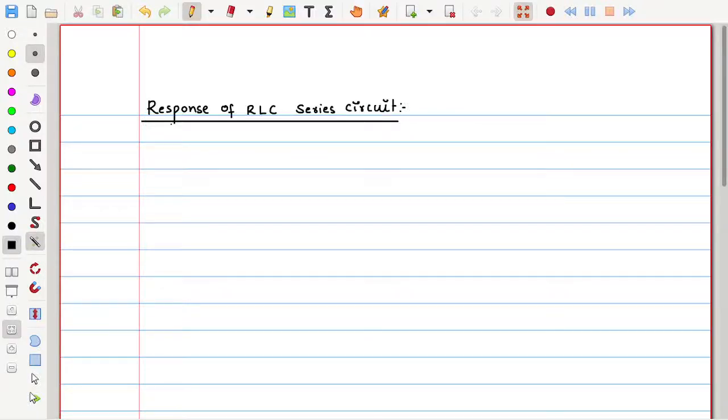Right. So let us see the response of a series RLC circuit, in which we take a resistor, inductor and capacitor, three elements which are connected in series like this. Let me take the resistor, whose value is capital R, and it is connected in series with some inductor whose inductance is L, but its impedance is jXL in the frequency domain.